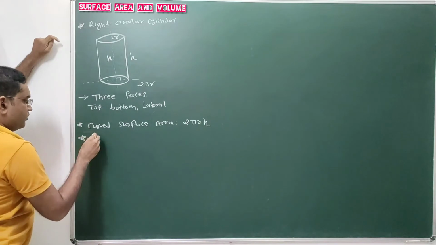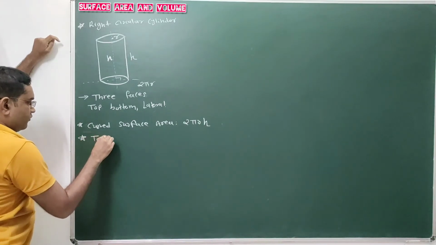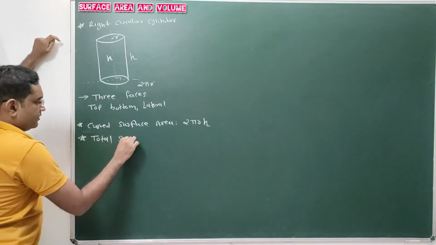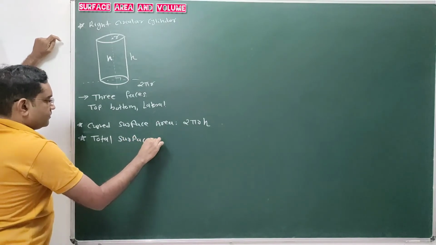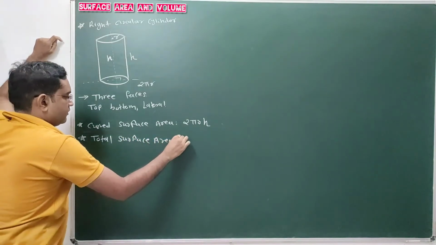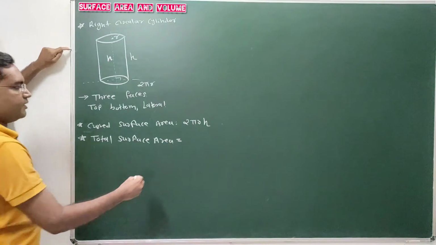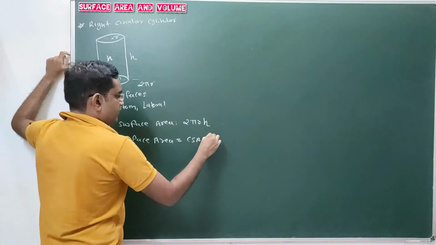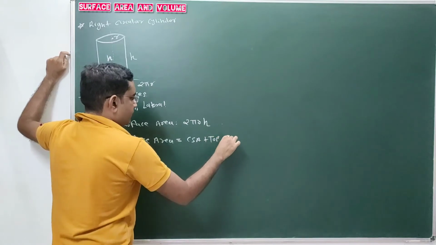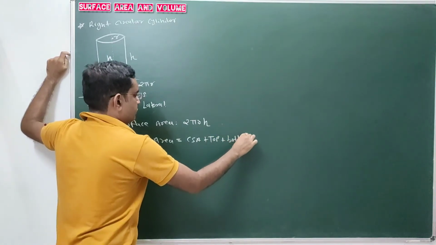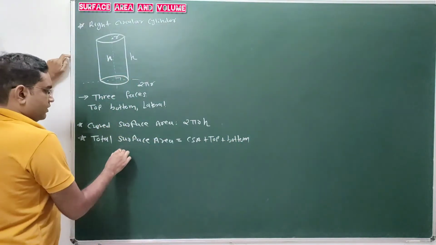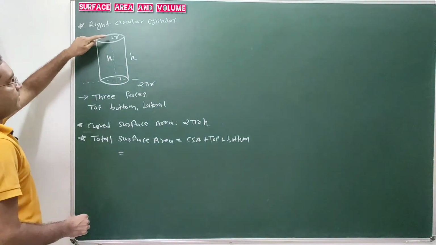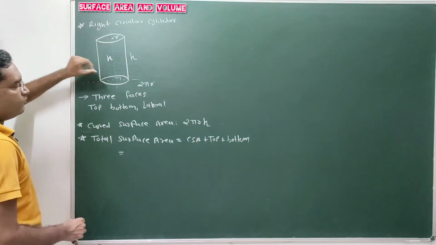So now we can write the formula of total surface area. Total surface area is nothing but the curved surface area plus area of top part plus area of bottom part.